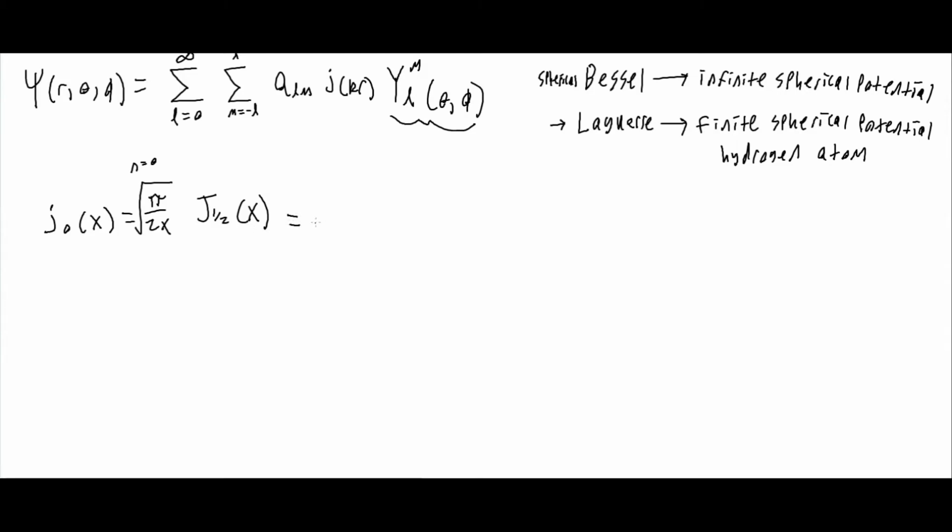If we put this half Bessel function more explicitly, we still have our square root of pi over 2x, but then, putting this explicitly, we have the summation from r equals 0 to infinity of minus 1 to the r, multiplied by 1 over r factorial times the gamma function of, since n is 0, 1/2 plus r plus 1.